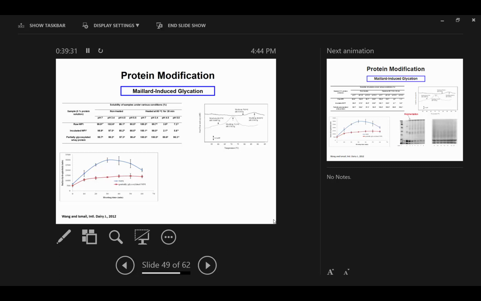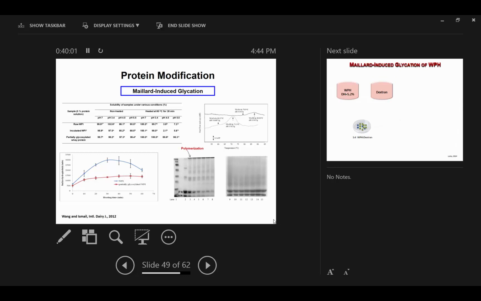Whereas the one that's been glycated, modified, you see a slight increase, but that's because you get partial unfolding, and then it maintains. So it remained more stable in terms of change in structure. And at the beginning, the surface hydrophobicity was lower for the modified, and that proves the hypothesis that hydrophilicity will be higher on the surface. That's what we said earlier.